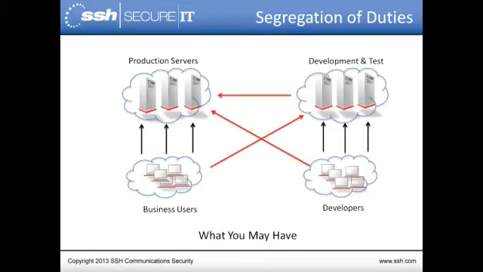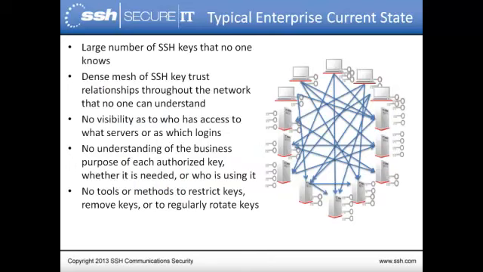In fact, what we see is typically there can be leakage of keys from one environment to the other as images are moved across from development and test to production, and even vice versa, and as a result, there are authorizations that violate basic segregation of duties. And this is a very common scenario, an area that we're brought into to remediate in the clients that we are working with.